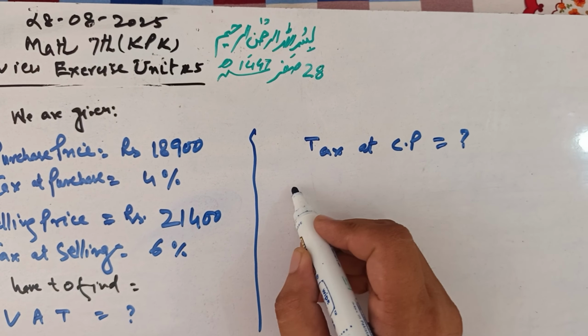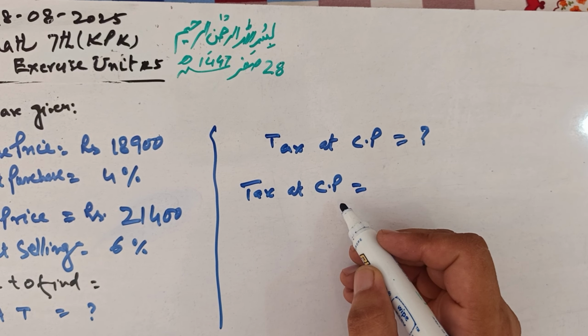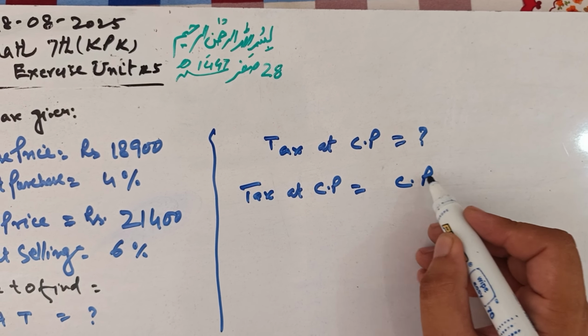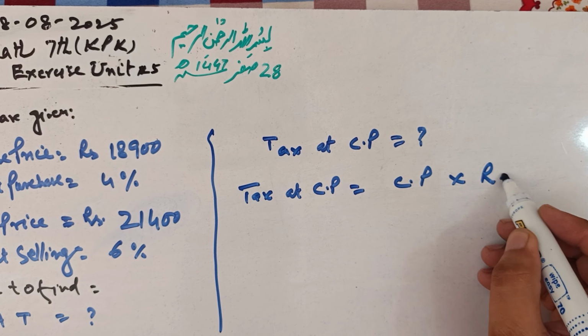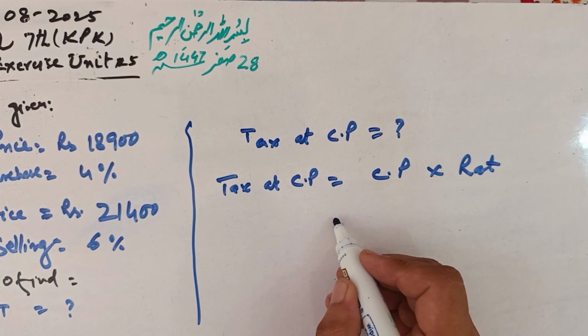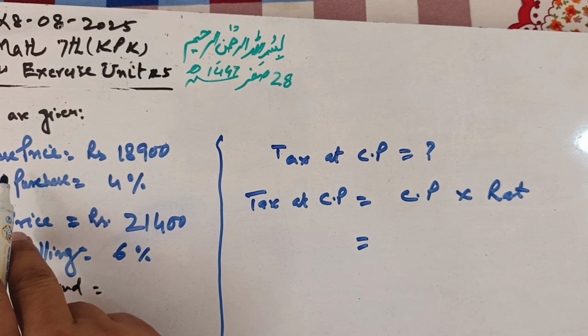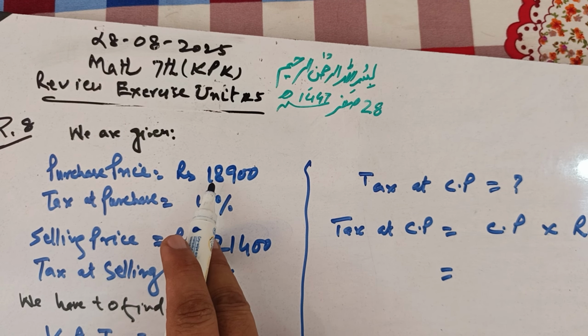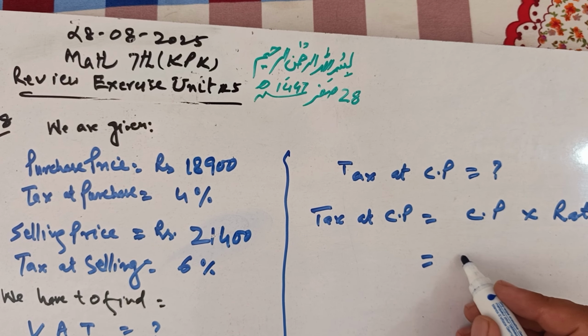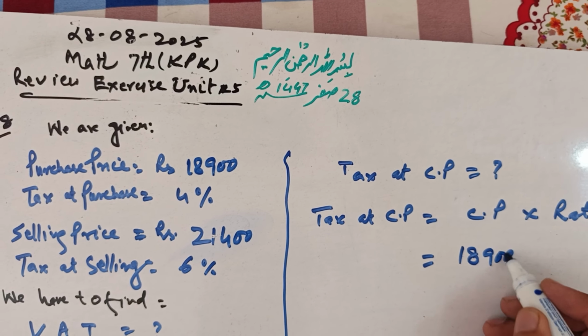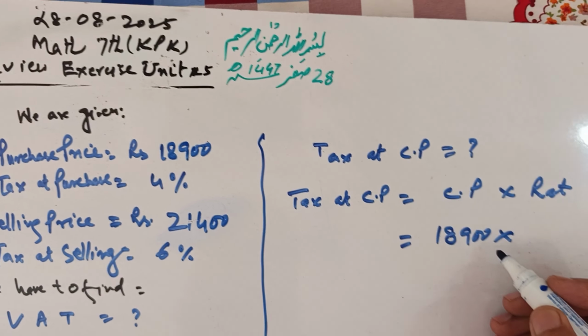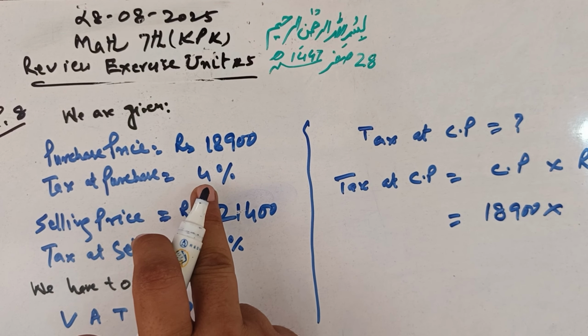Now we will find tax at cost price. We know tax at CP is equal to CP multiplied by rate, and cost price or purchase price, we know it was 18,900, and at that time the rate was 4%.